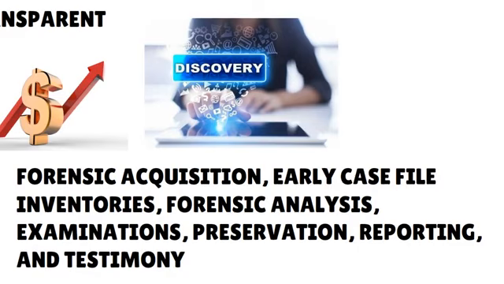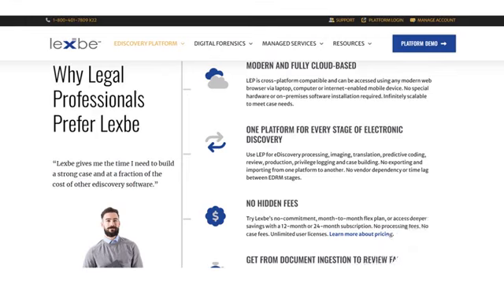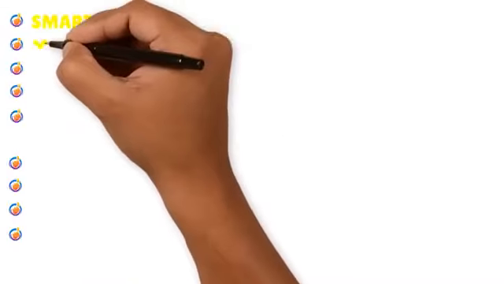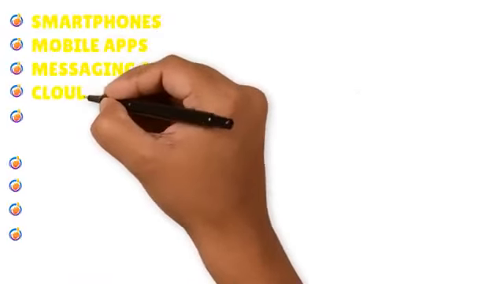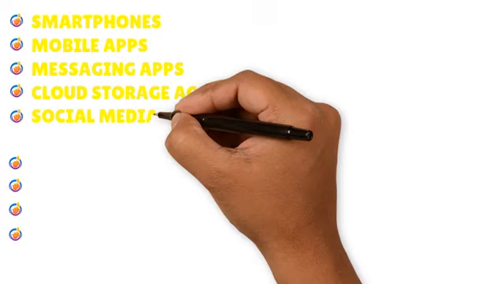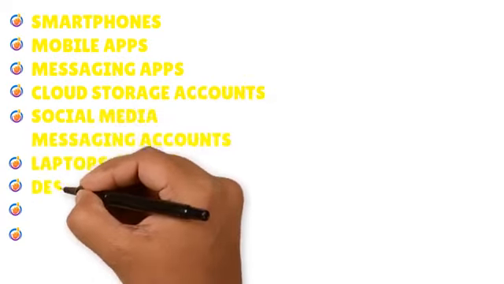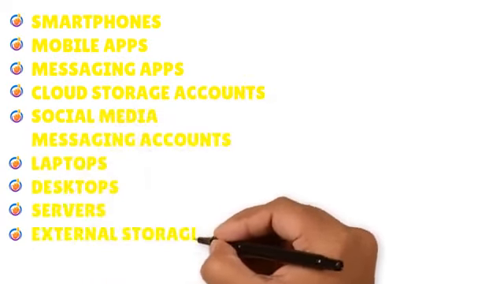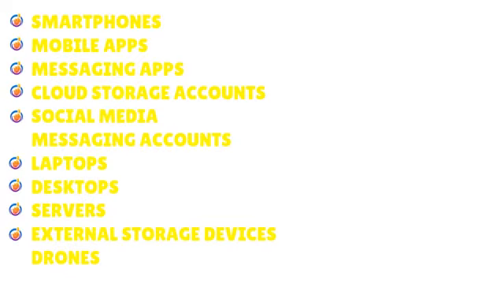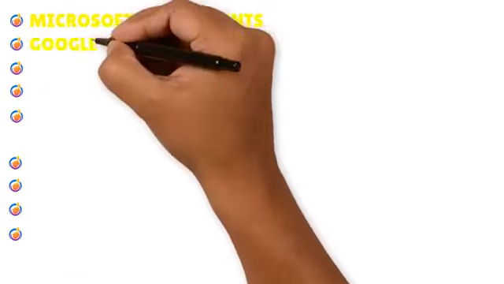The cool thing about Lexbe is that you have a constellation of advanced forensic tools that really help your forensic project, and help you collect evidence from the broadest set of sources. So we're talking here about what? Smartphones, mobile apps, messaging apps, cloud storage accounts, social media, messaging accounts, laptops, desktops, servers, external storage devices, drones. Yeah, drones.